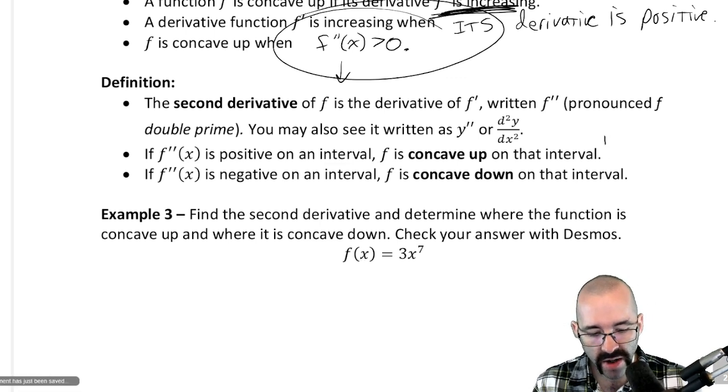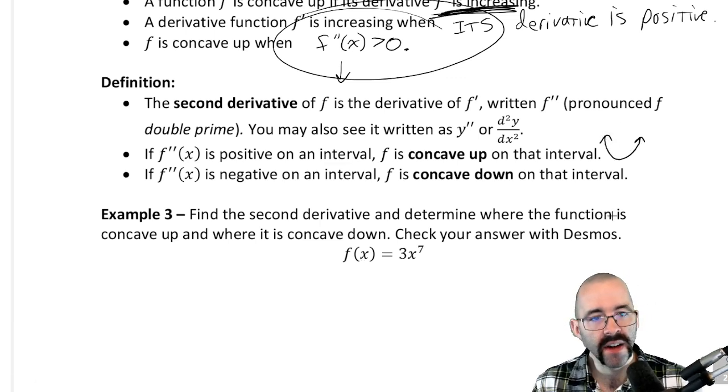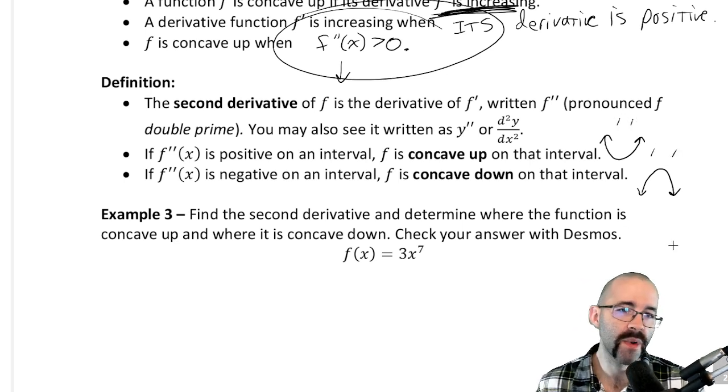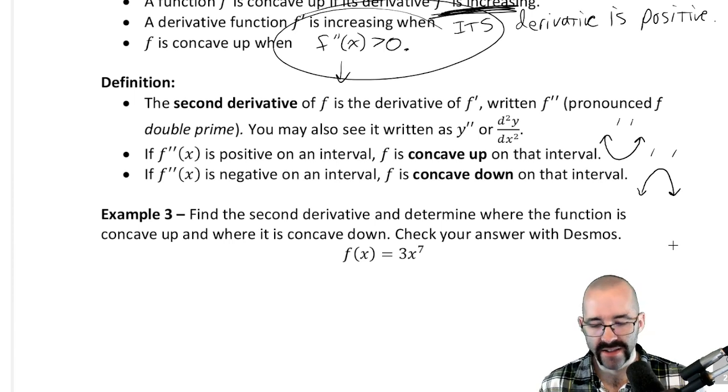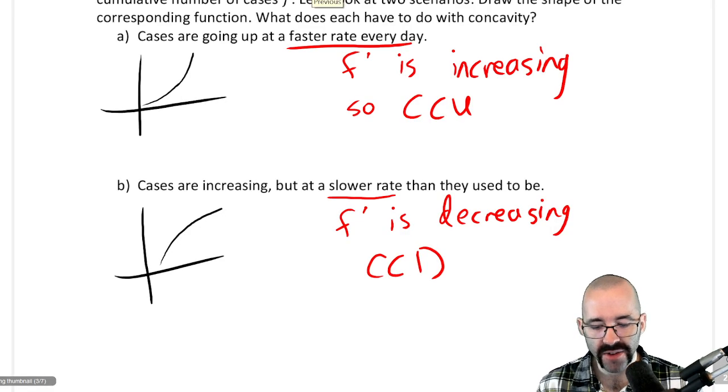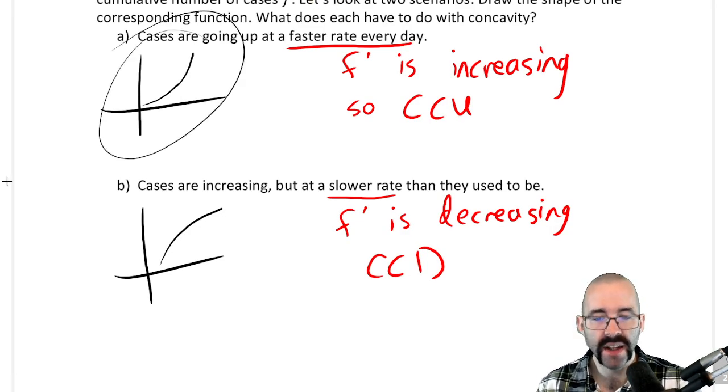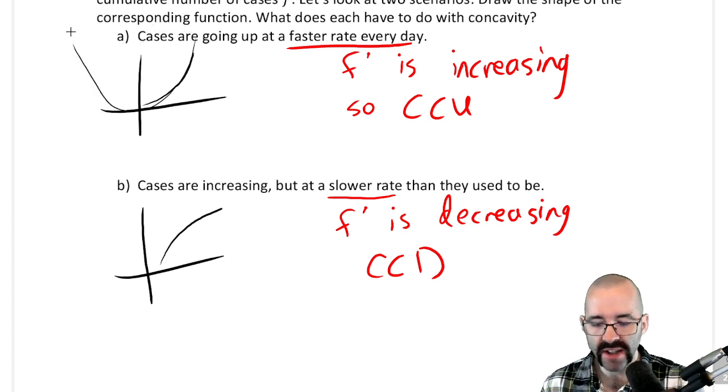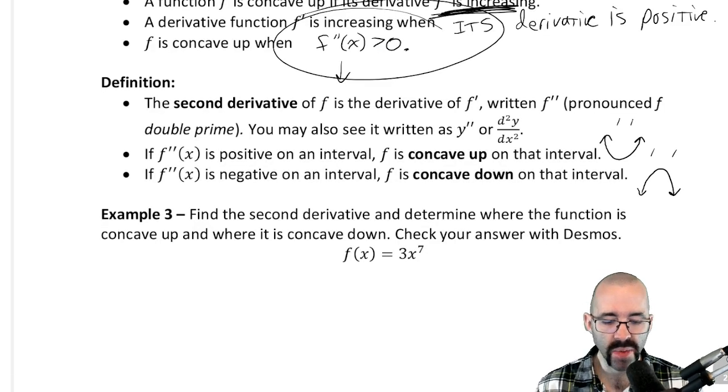And again, you can think about concave up as a happy face, concave down as sad face, or parabolas. That's not the technical definition, but it is useful. And again, be careful, sometimes you don't see the whole parabola. They're not actually parabolas, but I think it's just a good visual tool.